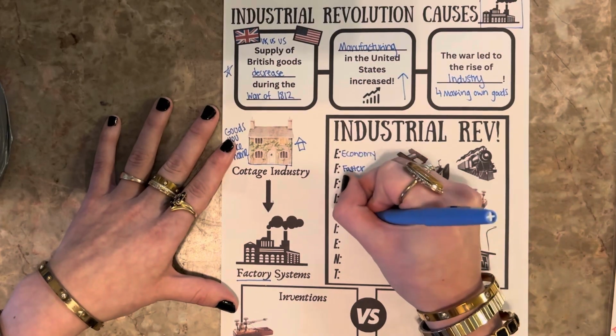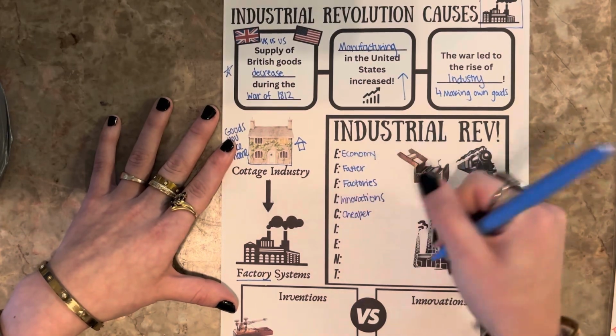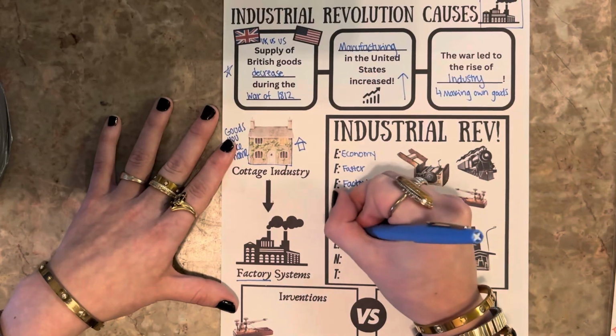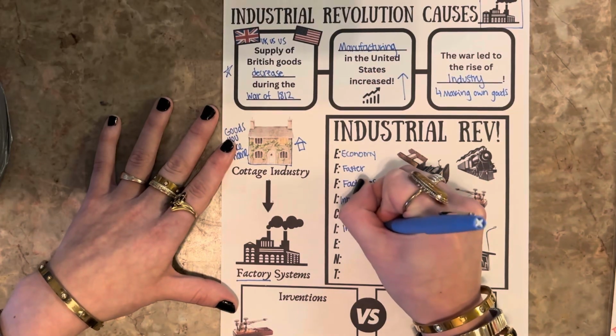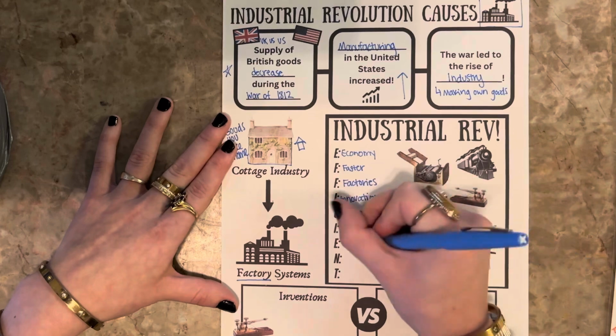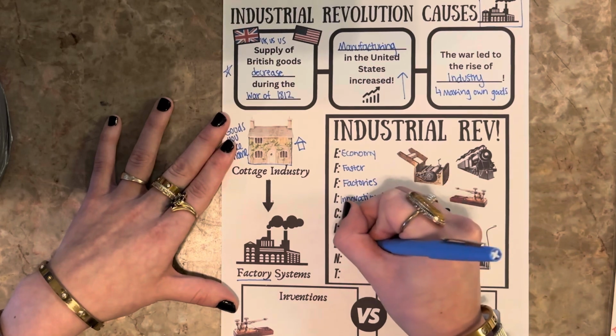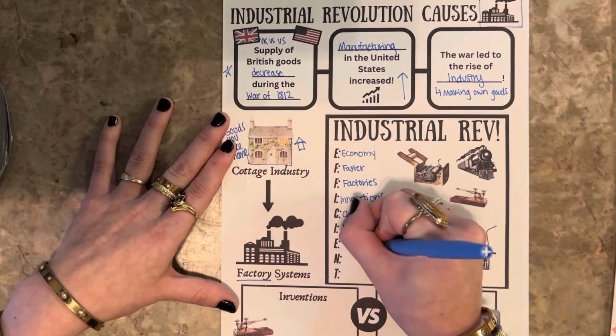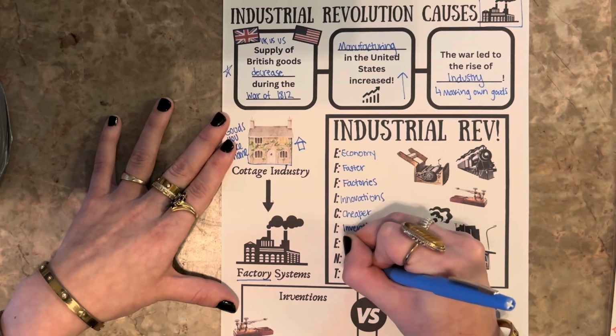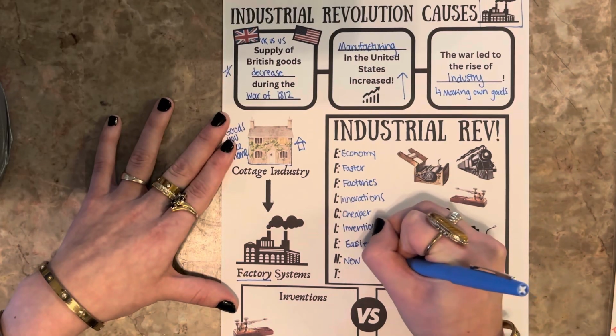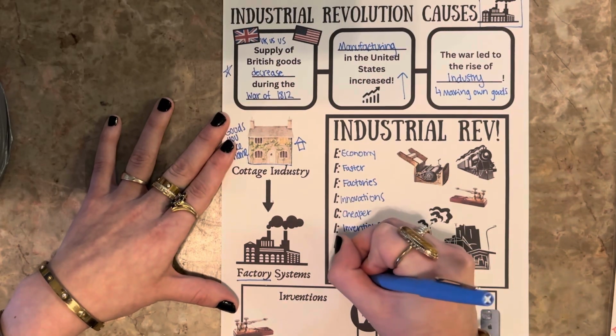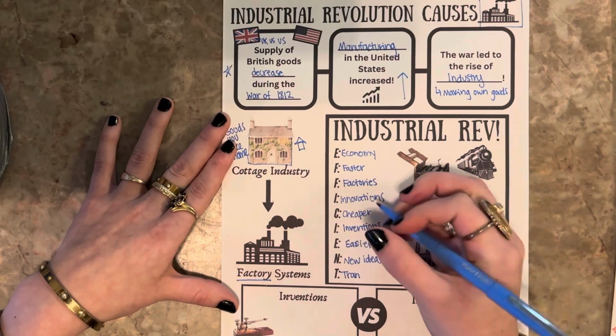Things will become cheaper to make, therefore increasing the amount we can make. We have a lot of new inventions coming. Production will be easier. We will see a rise in new ideas, and we will see a growth of transportation technology.